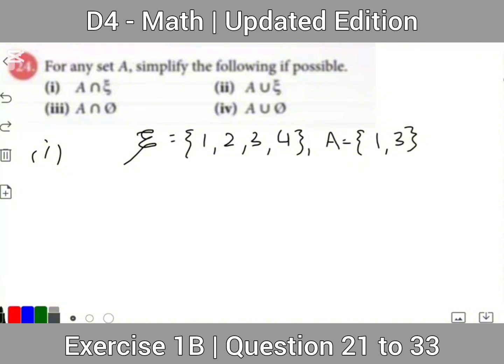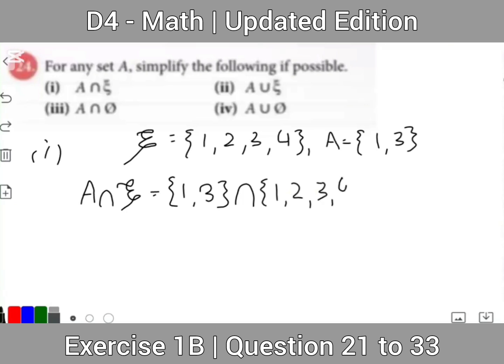Now, we want to find out A intersection universal set eta. So here the set A is 1 and 3, intersection, and the set eta is 1, 2, 3, and 4. So the common elements in both the sets is 1 and 3.